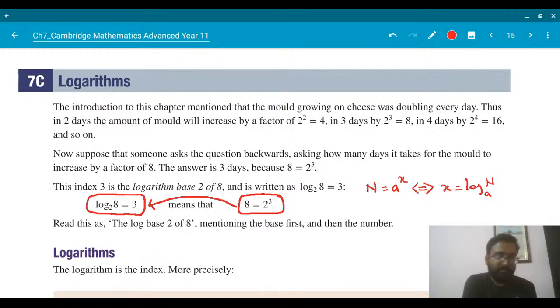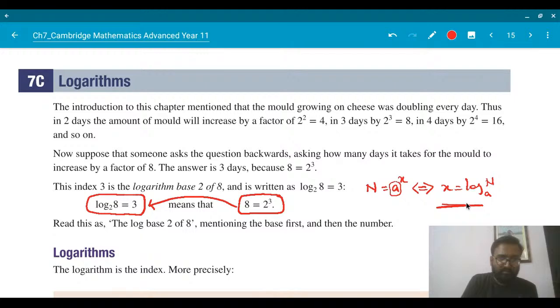Because here it is a base, that's why it is log n base a only. So if n is equal to a power x, then x is equal to log n base a. Is it clear?